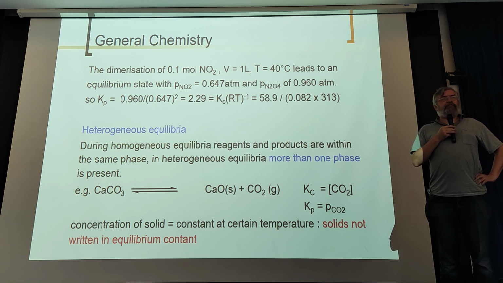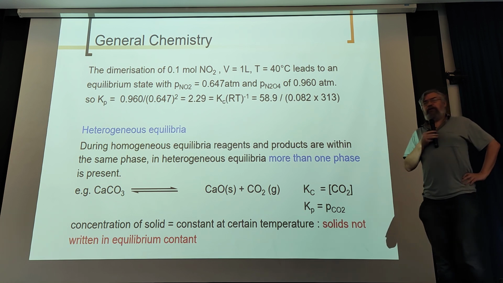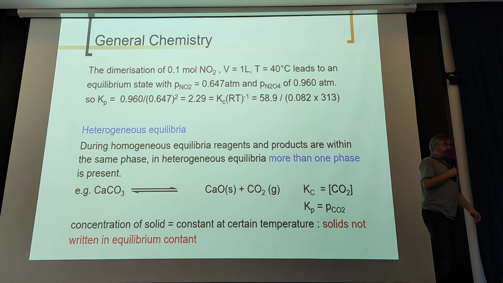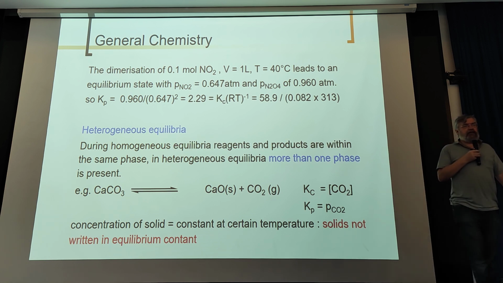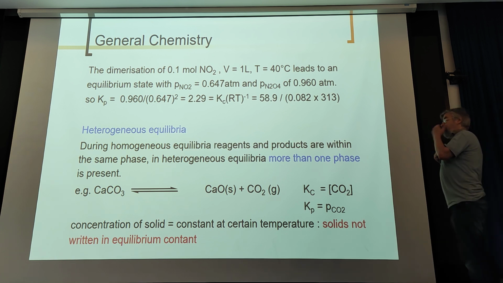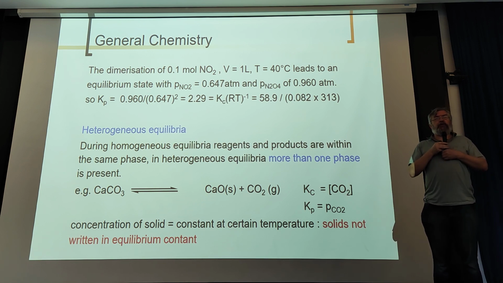CO2 is a product, there is no coefficient, so the Kp is the pressure of CO2, nothing else, that's it. Kc is the concentration of CO2. So, what about calcium carbonate and calcium oxide? Well, these are solids. And solids do not have a changeable concentration. They're condensed phases.